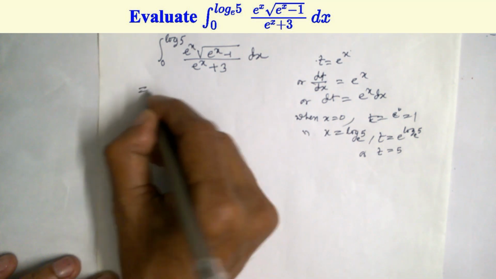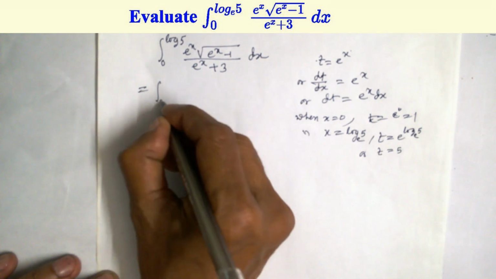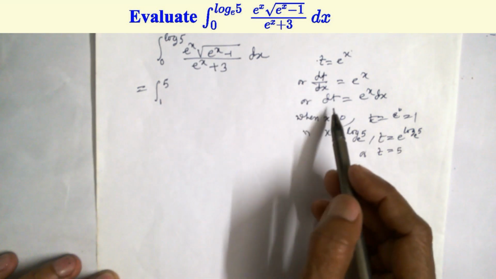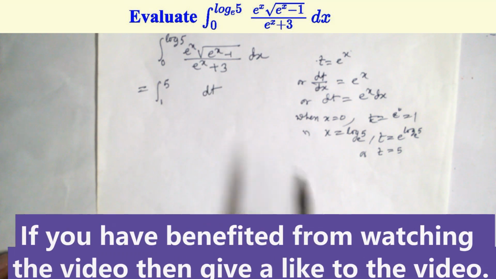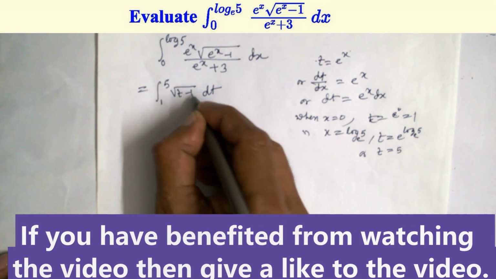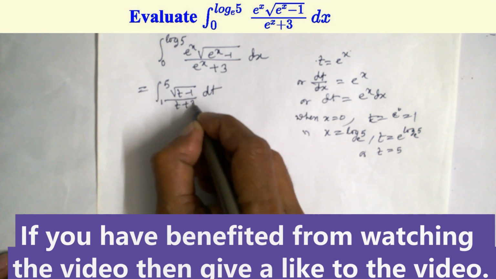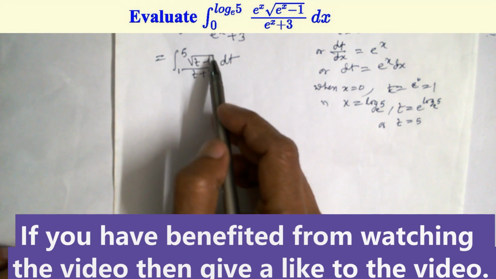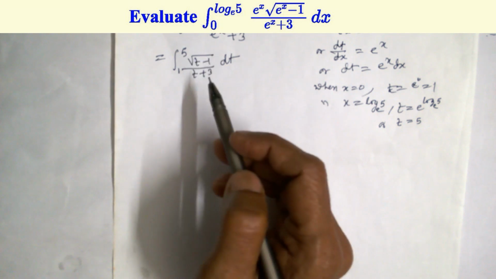So substitute this: from 1 to 5, e to the power x dx we should write dt, root over t minus 1 by t plus 3. Till now it is not an integrable function, so we have to remove this root symbol.